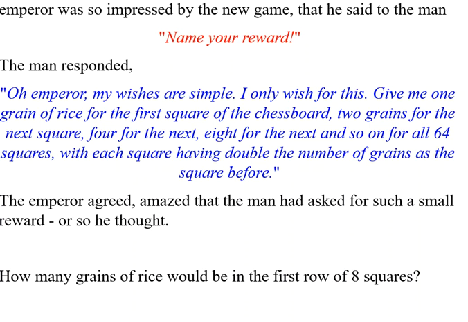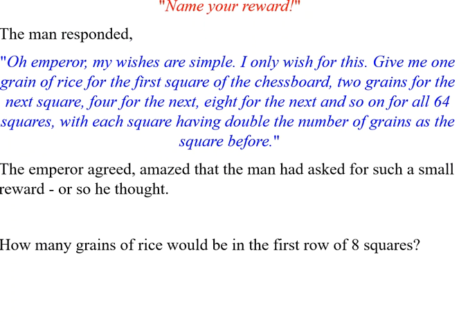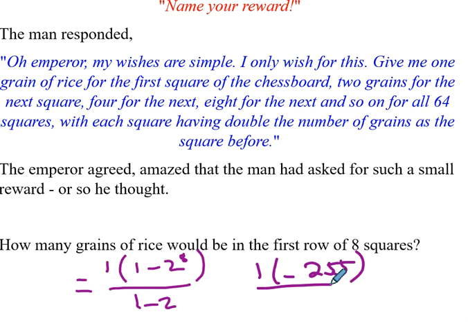Well, the first square had 1, and it's doubling each time, so I'm multiplying by 2, so 1 times 1 minus 2 to the 8th over 1 minus 2. 2 to the 8th is 256. So you have 1 times negative 255 over negative 1. So that's 255 grains of rice in the first 8 squares.